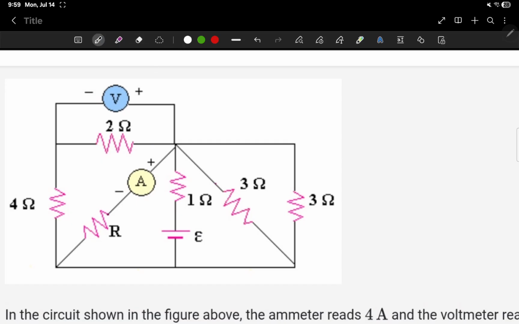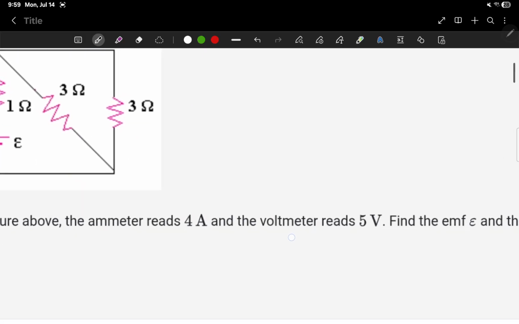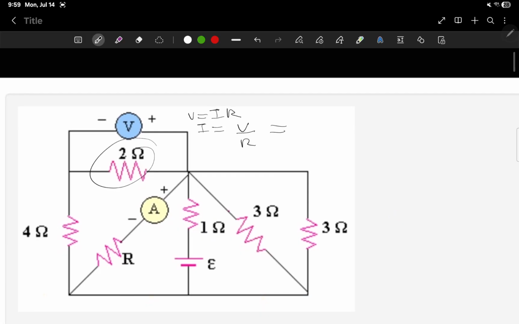So the same current flows through these two resistors. We start with writing down Ohm's law, V is equal to IR. We rearrange for the current. We know the voltage on this 2 ohm resistor is 5 volts.